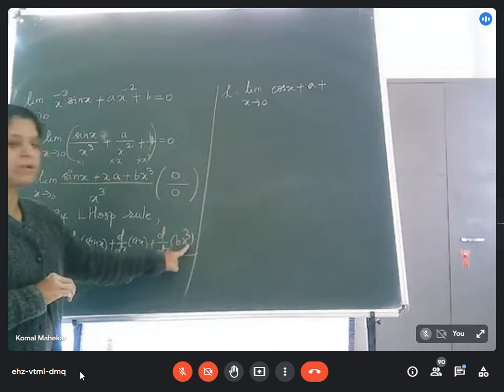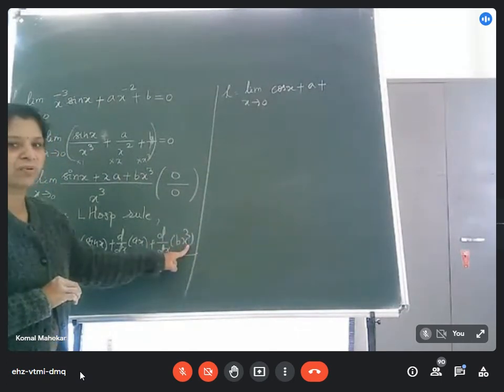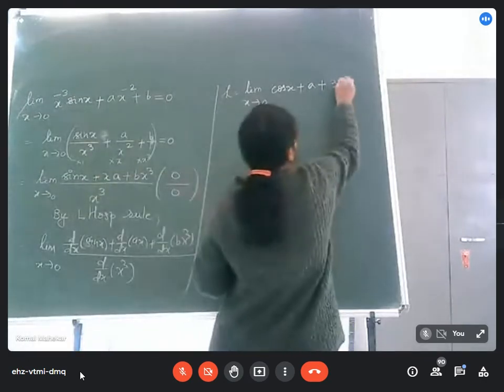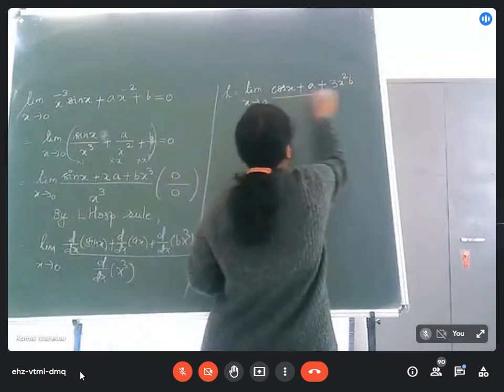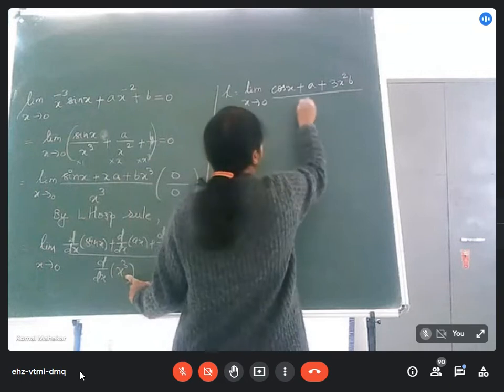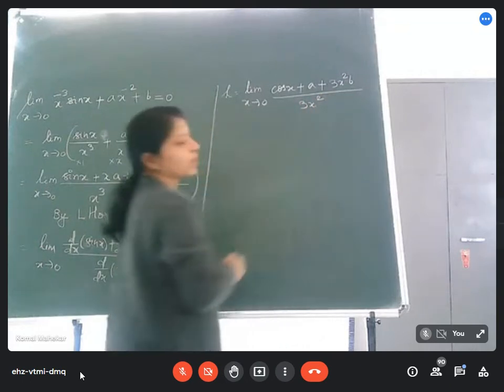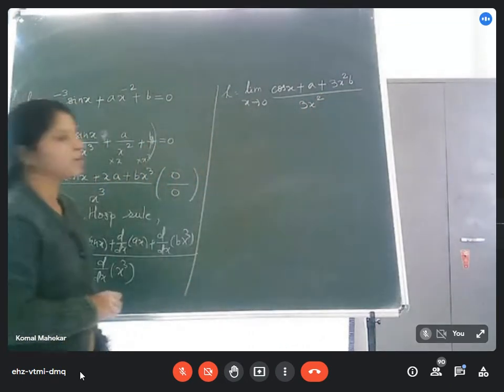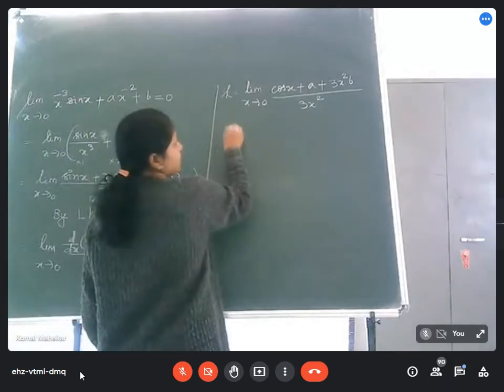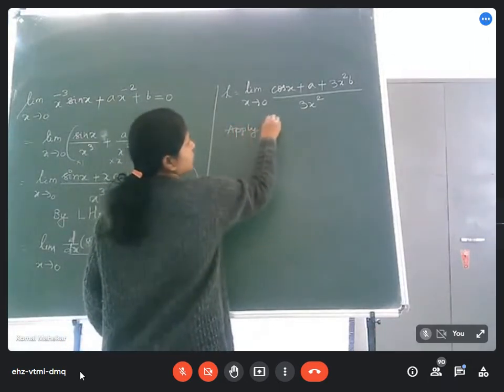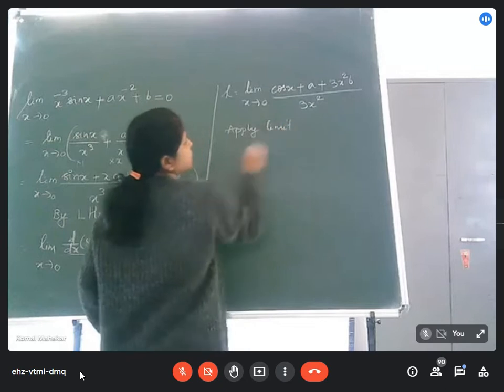So derivative of x raised to 3, that is 3x square into b, divided by 3x square. Now, if you apply the limit, by applying limit, as x tends to 0, what will happen?